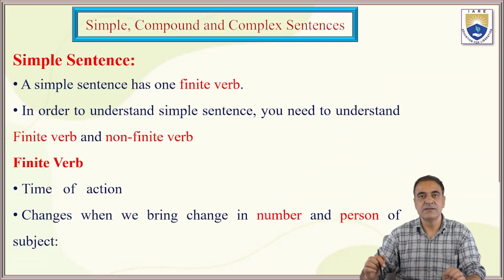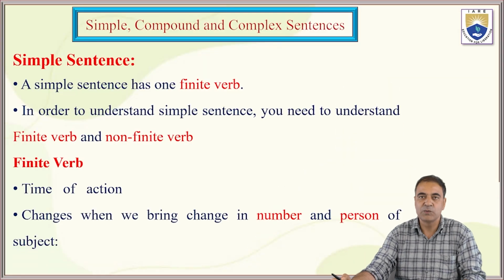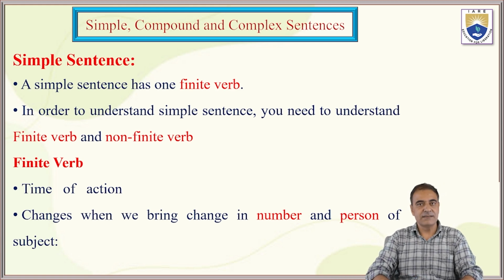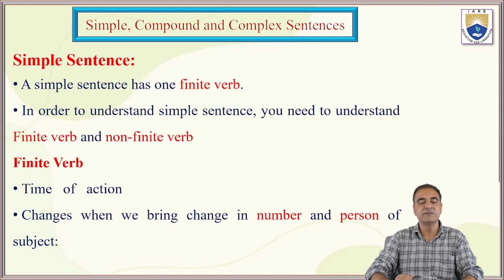Let us start with the simple sentence. What's a simple sentence? A simple sentence is a sentence that has one finite verb. If you want to identify or differentiate a simple sentence from the rest of the two, that's the compound sentence and complex sentence, just look for one finite verb.